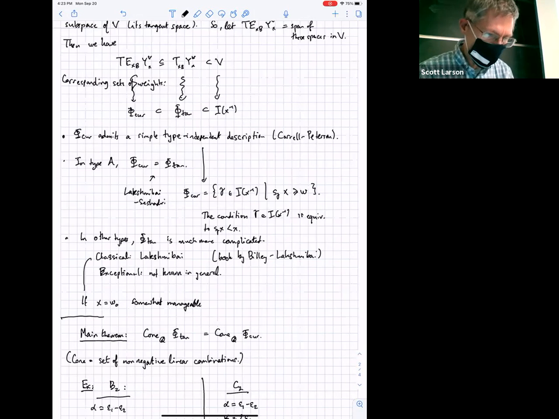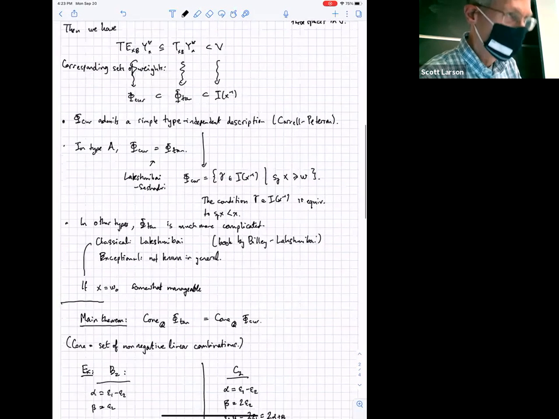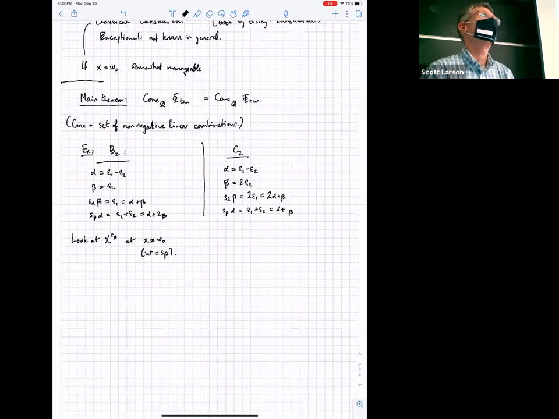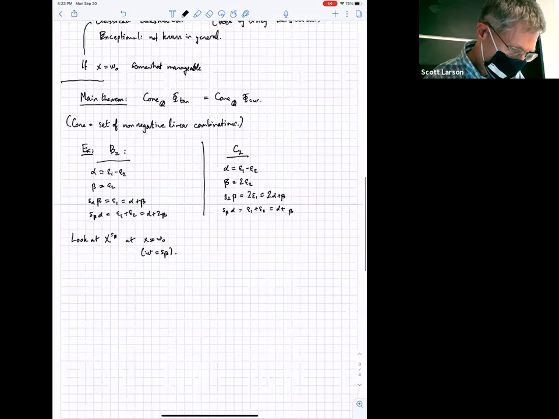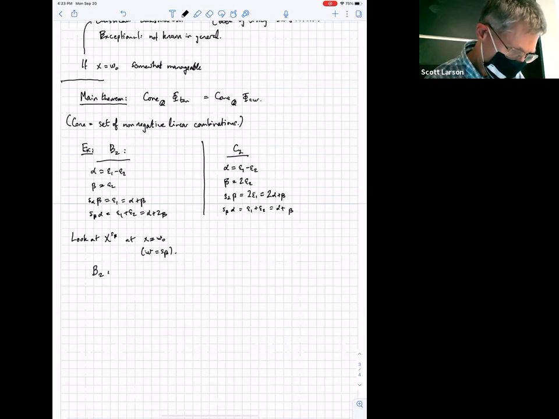But in general, I think in every type, I don't know that I've actually looked at G2. One could calculate G2, for example. But anyway, if we just look at this type here, it turns out that in B2, X S beta is actually smooth at W naught.